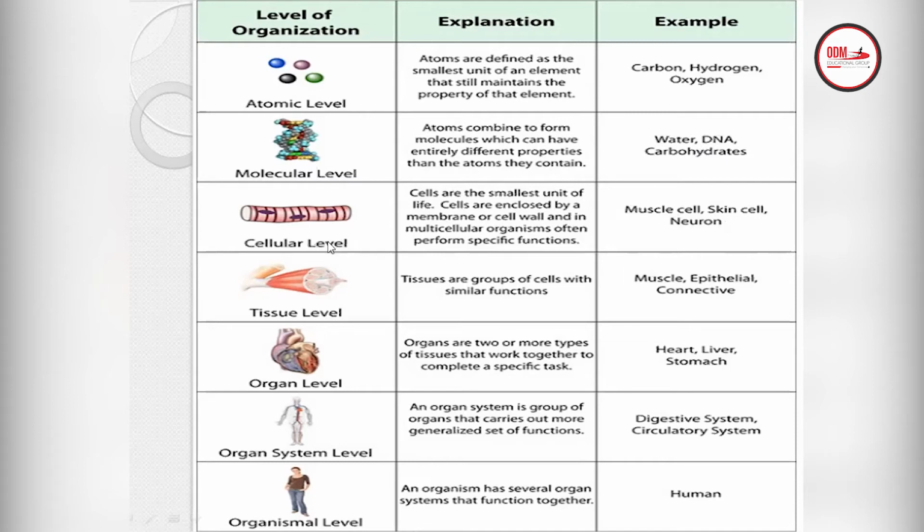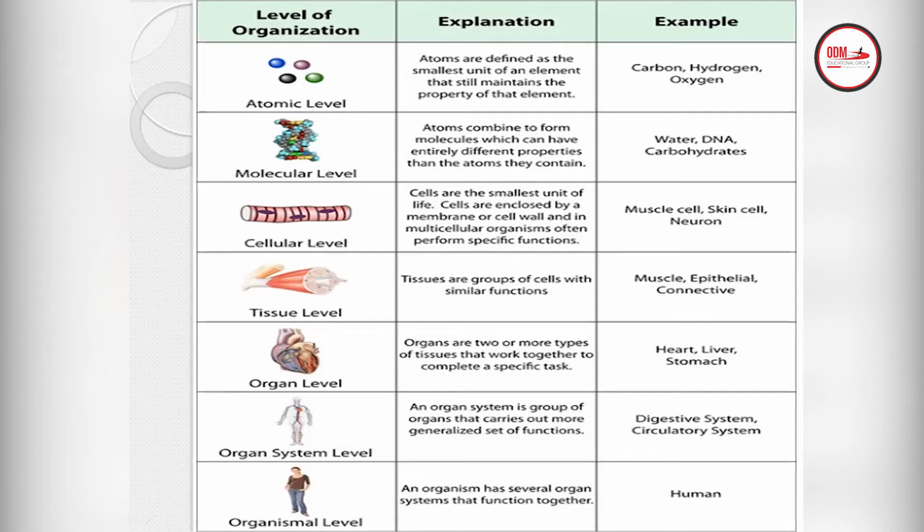Now a number of cells together performing a specific task are called tissues. At the tissue level, examples are epithelial tissue and connective tissues. Connective tissue means like your blood, bone, cartilage, which connect different parts of the body.